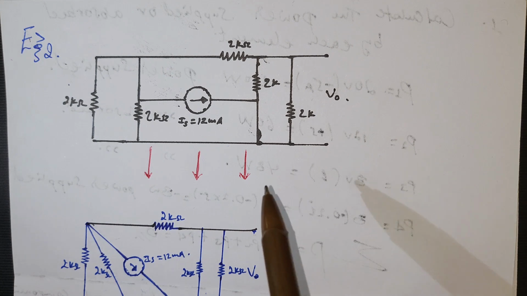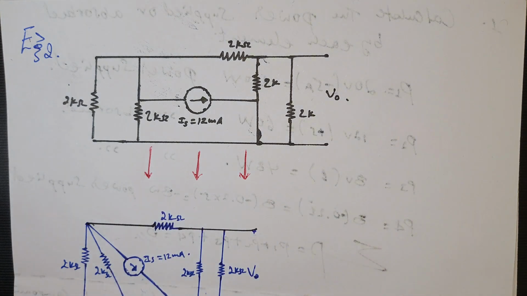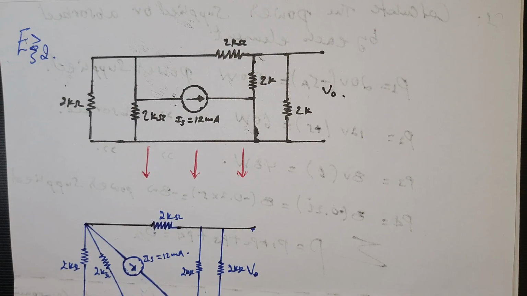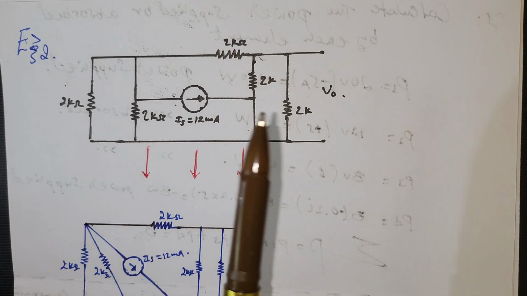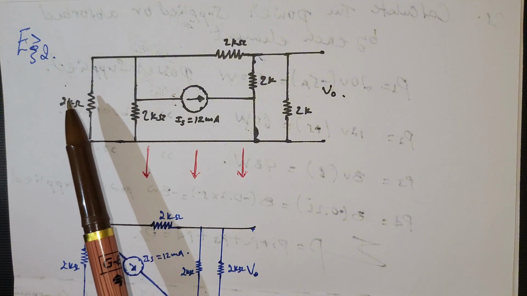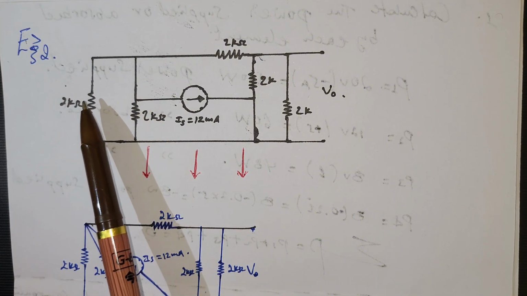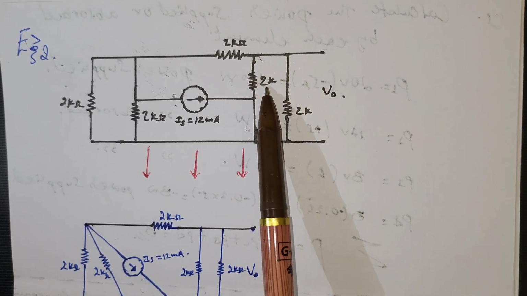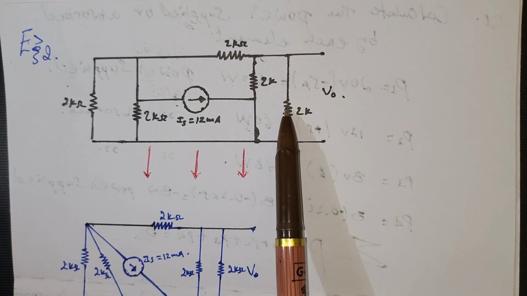As you see, this circuit topology is a little more complex than the previous one. First we need to know the number of branches, simply by counting the number of components in the circuit, like this: 1, 2, 3, 4, 5, and 6.